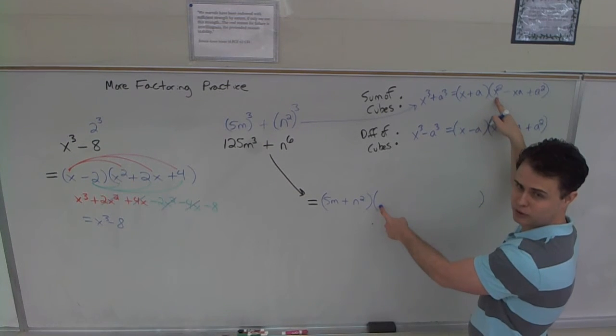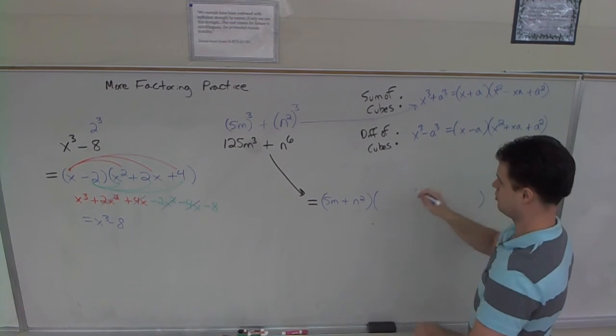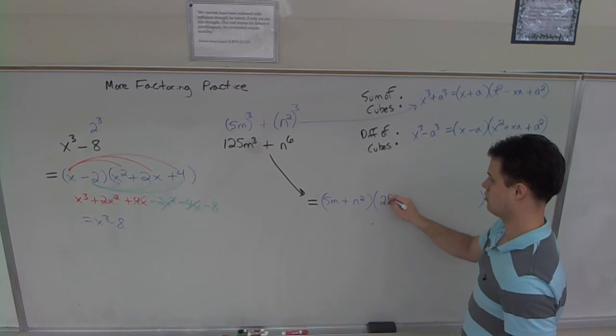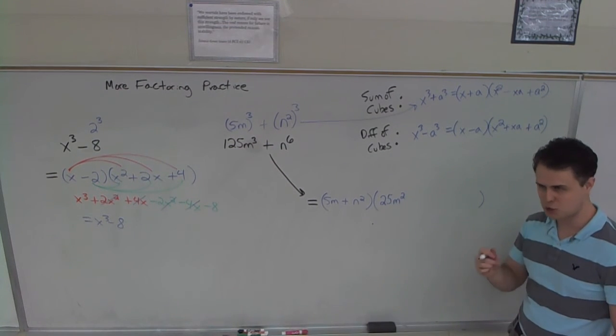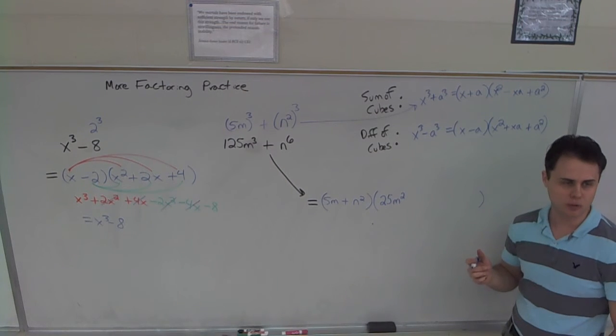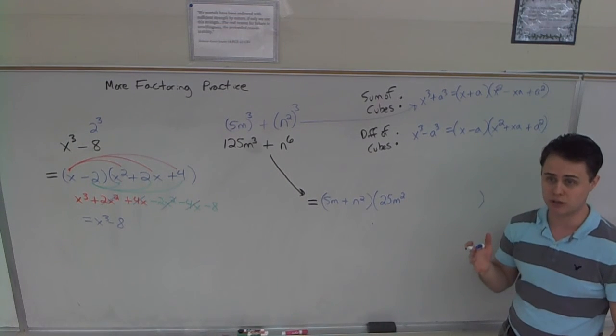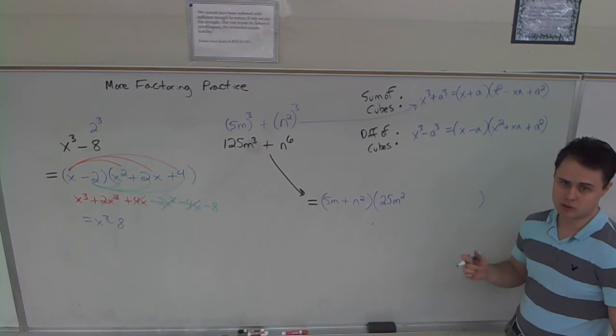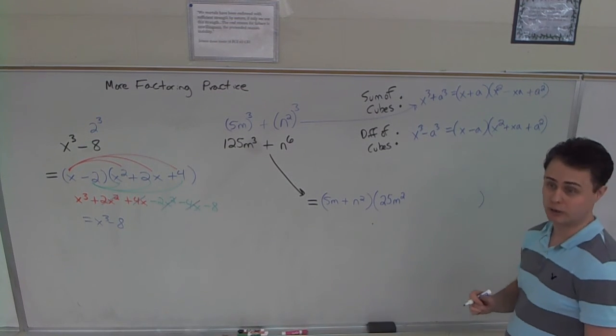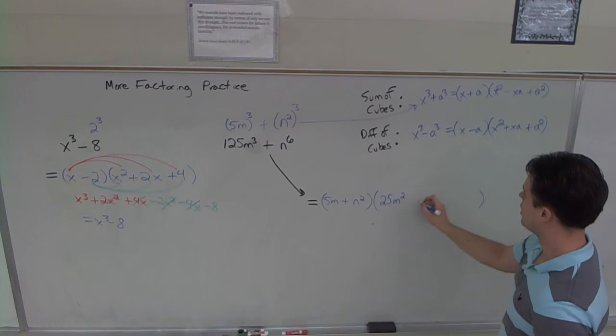So what's that going to be? 25m squared. Careful, that 25 thing, that's going to get you. And that's in all the math that we do from here on out, that issue of having to square it all. So get it down now and it's not going to ever be a hindrance to you again. I think we then have a minus, right?